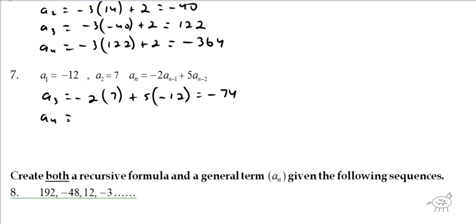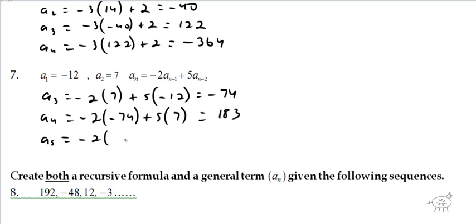So a sub 4 is negative 2 times the previous term, which is negative 74, plus 5 times 2 ago, which is a sub 2, which is 7. And that gives us 183. And a sub 5, which is negative 2 times the previous term, which is 183, plus 5 times 2 ago, which is negative 74, which gives us negative 736.